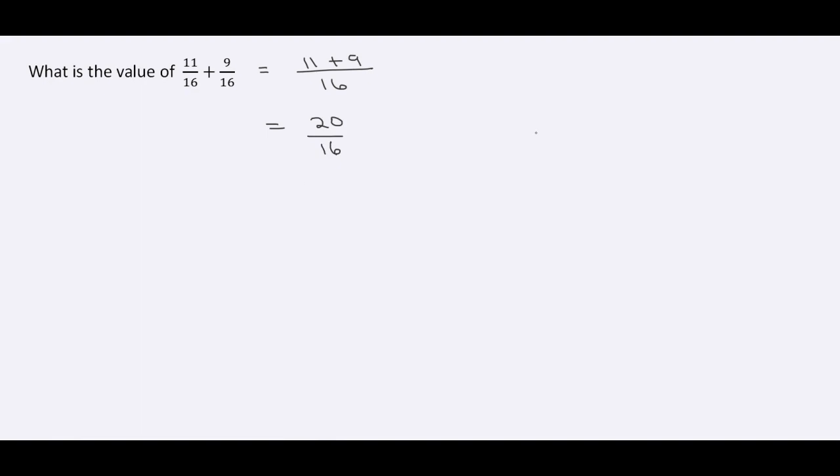The first approach is just to go ahead and convert this to a mixed number. So we have 20, 16. There's only one group of 16 in 20. 1 multiplied by 16 is 16. 20 minus 16, you have 4. So this is going to give us 1, 4 over 16.